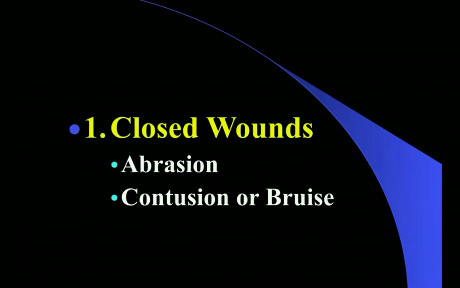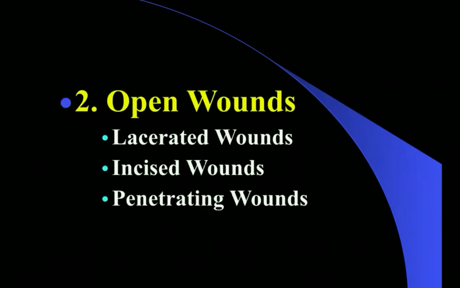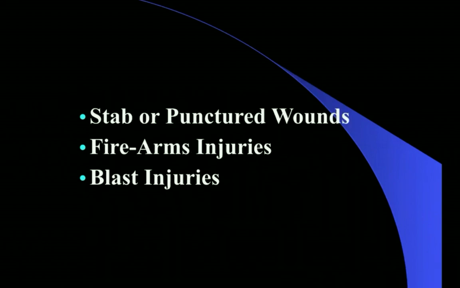Then the closed wounds can be abrasions, contusions, or bruises. And the open wound can be lacerated wound, incised wounds, penetrating wounds, stabs or punctured wounds, firearm injuries, and blast injuries.